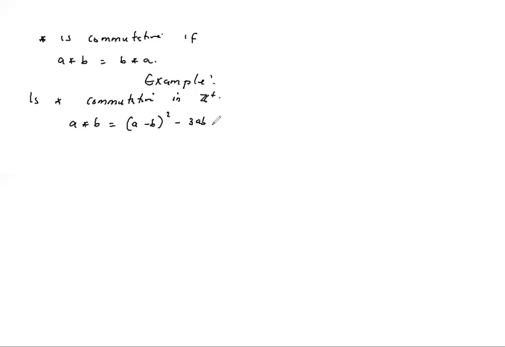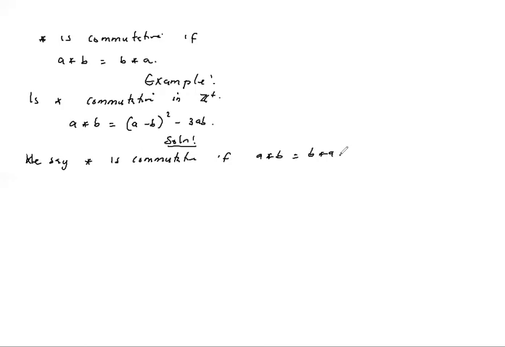So is star commutative? So the solution: we say star is commutative if a star b is equal to b star a.